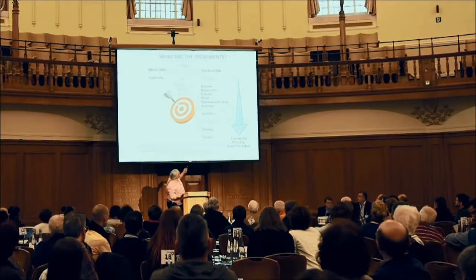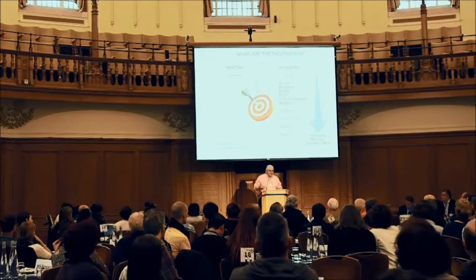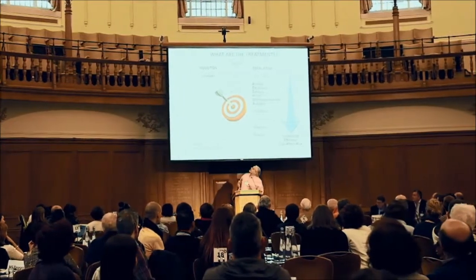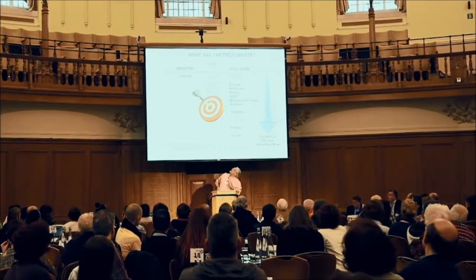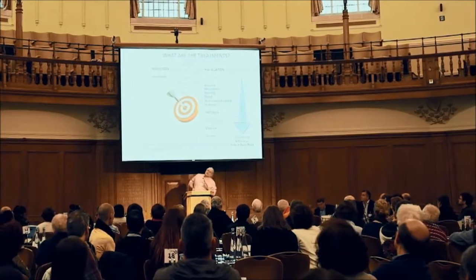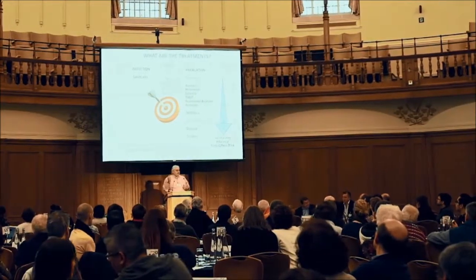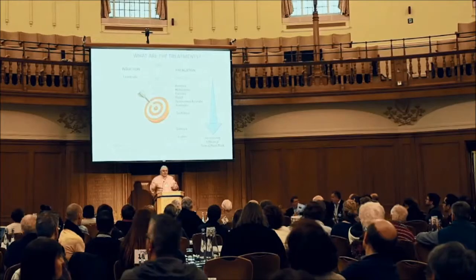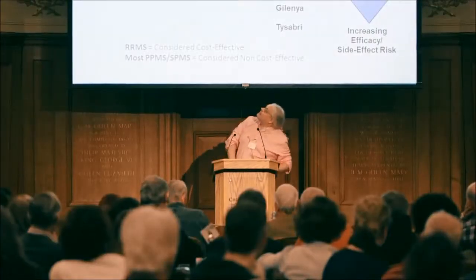And if those fail, then you can use more aggressive drugs such as Gilenya or Tysabri, and they have increasing efficacy, but with increasing efficacy comes the risk of more side effects. But what we want to achieve is a thing called no evidence of disease activity, because if your disease isn't active, then it's unlikely that you will progress.